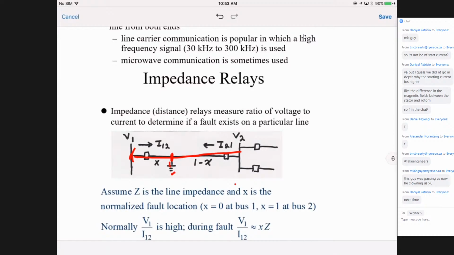Then you can identify where the fault is and send the people, because it may be a long drive, maybe an hour's drive. You can send the workers to a location very close to the fault.